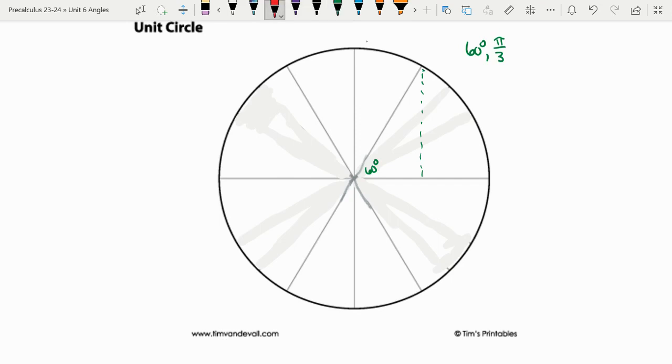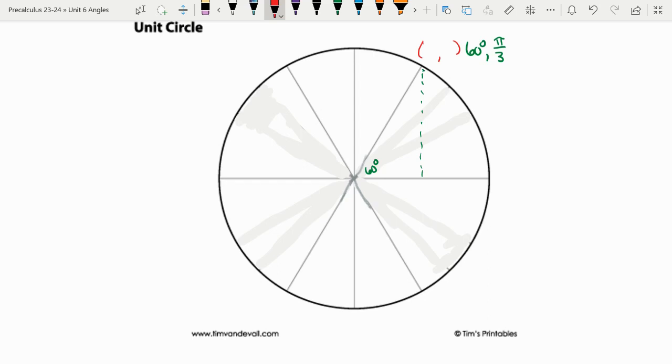And what is this ordered pair? Is X my short leg or my long leg? Teaching freshmen. The short leg. Tell me I'm wrong. Short leg or long leg? Short leg.